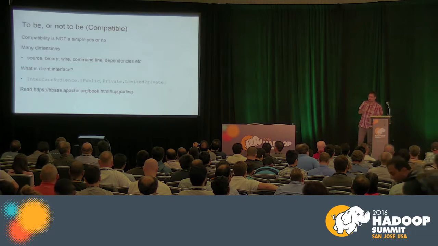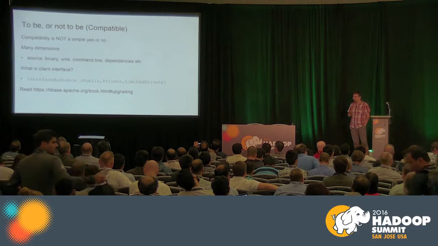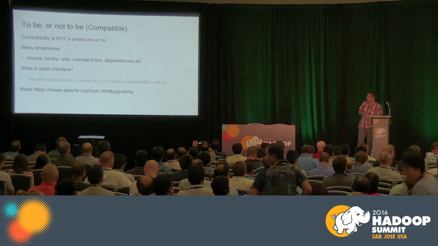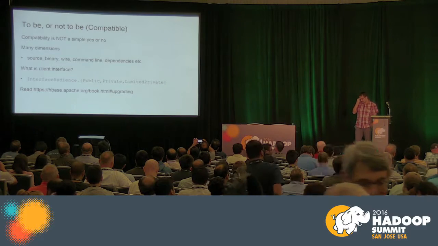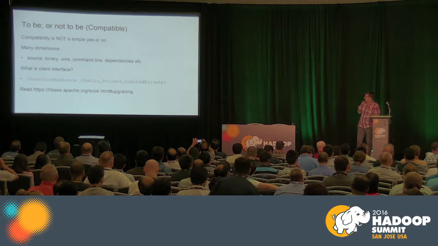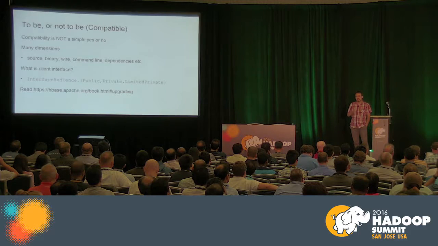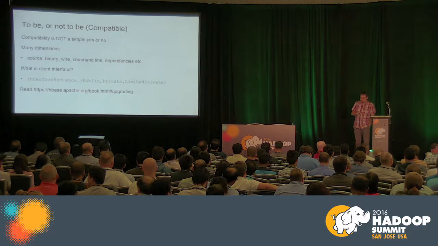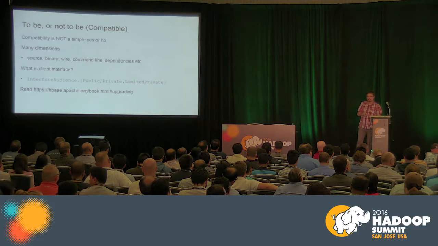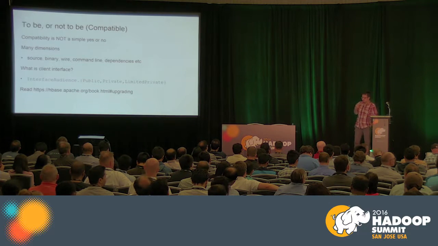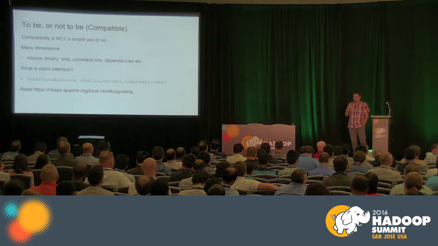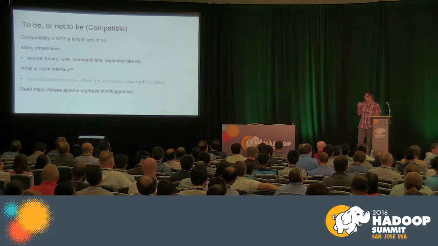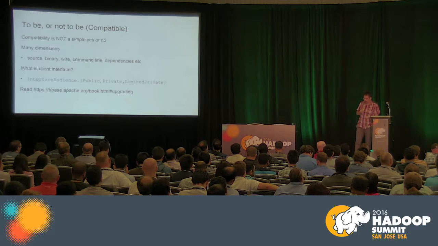Unfortunately, compatibility is not a simple yes or no. Compatibility has many dimensions, and we're going to cover some of these. The dimensions for compatibility, especially related to applications and upgrades, are, for example, source compatibility implications, binary compatibility implications, wire compatibility, command line and tooling, dependencies, and other dimensions.